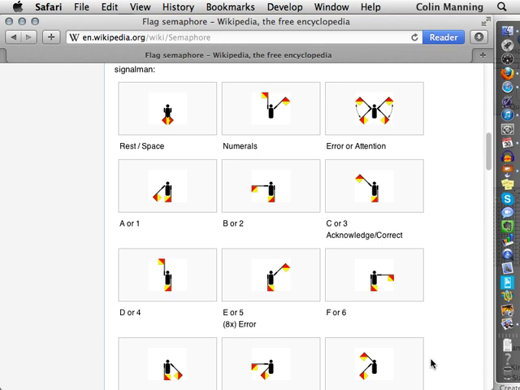This says numerals. So I think what you do is you say, I'm switching to numbers now, or the next thing is a number. I don't know if you have to switch back to letters, maybe. As you can see from my hands here, this says numerals. Then if I do this, if I've escaped to numerals, this means 4, but otherwise it would mean D.